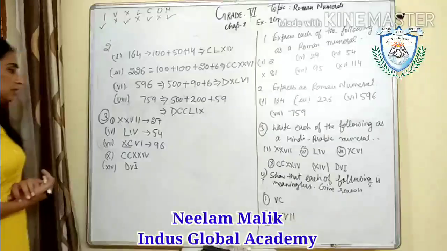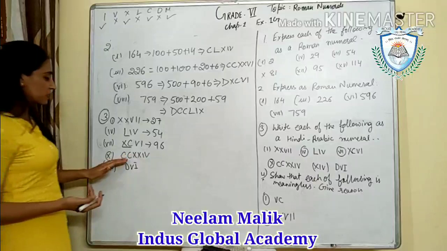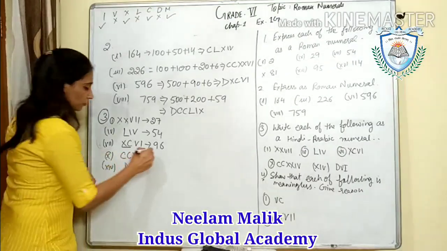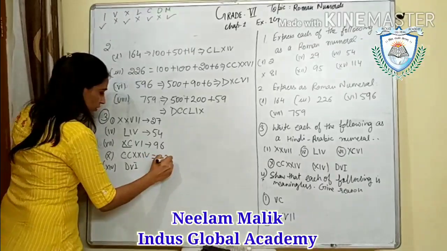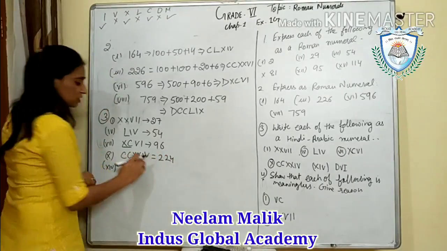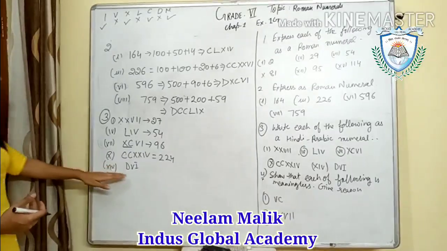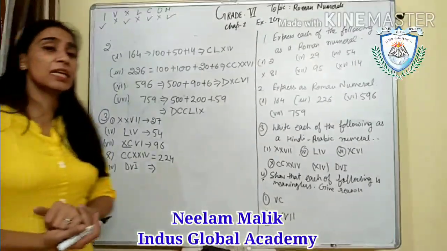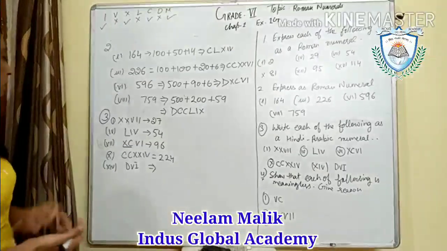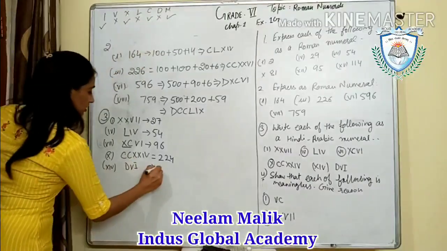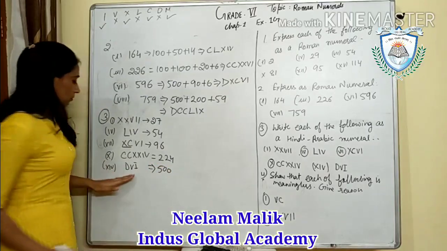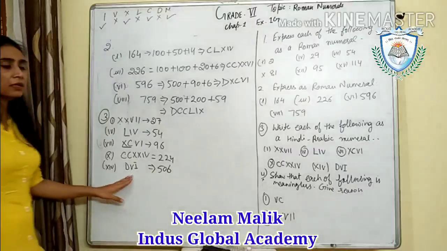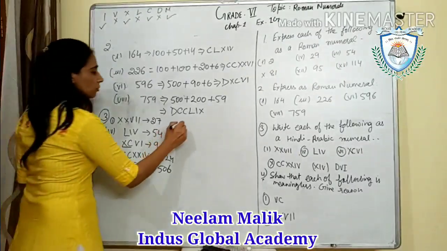Now CC means 200, and 24. So this is 224. Next DVI. D is 500 here. So this is 500 plus 6. So 506.